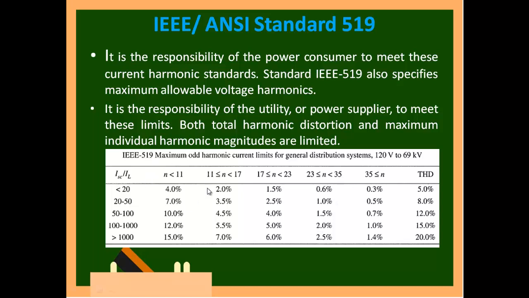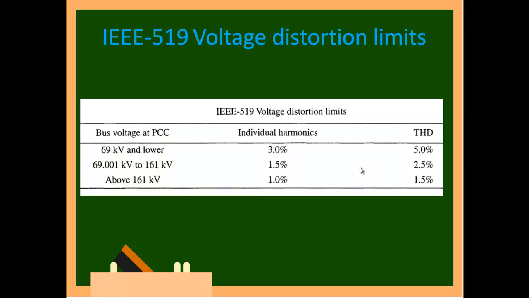They also fall under this condition, and they declare limits for low ratings also. This chart is for low rating. Then this is for bus voltage: 69 kV and lower is 3%, then around 161 kV, and above 161 kV. When you go for consumers only, 5% THD is allowed.